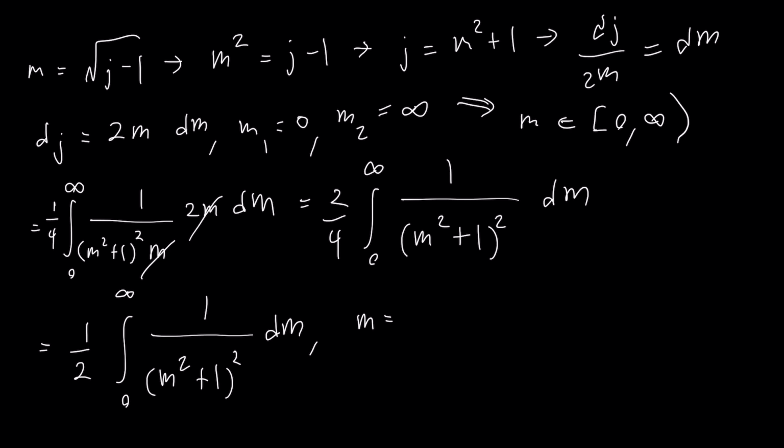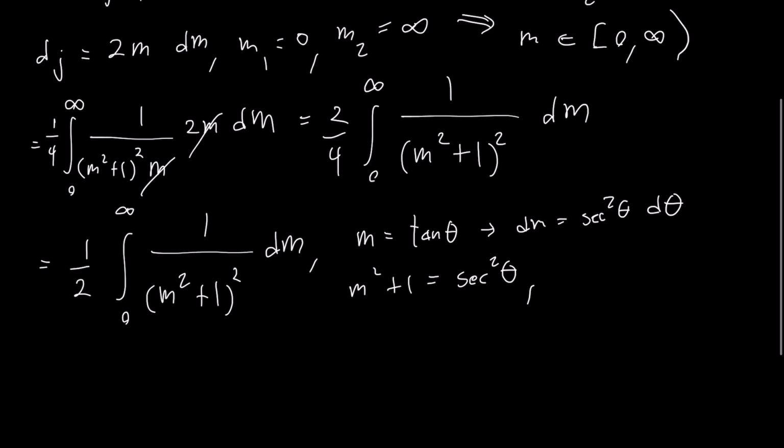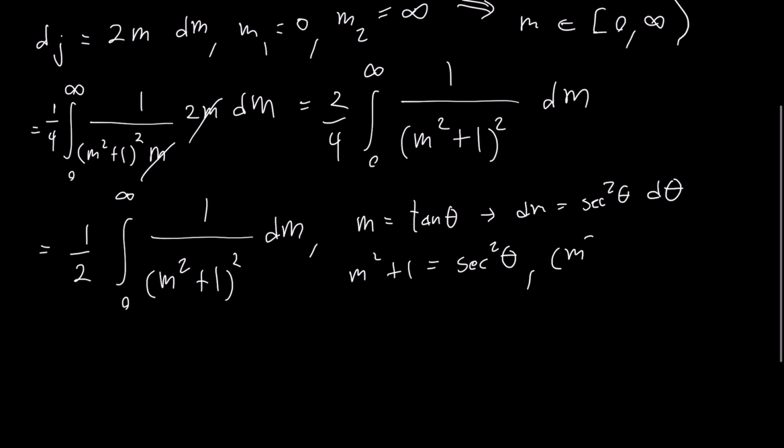We can let m equal the tangent of theta, so that dm is secant squared theta d theta, and that m squared plus 1 is tangent squared plus 1, which is secant squared. And we have (m squared plus 1) squared, which is secant squared times secant squared.